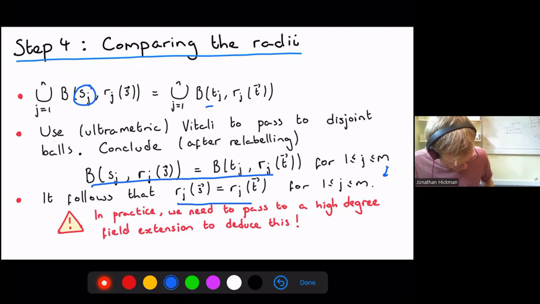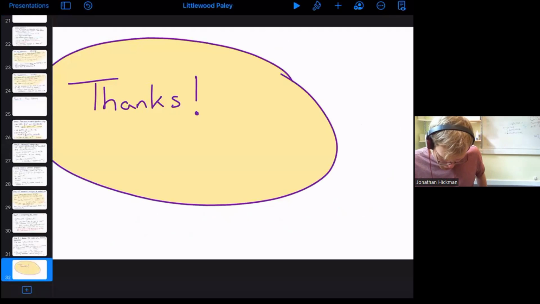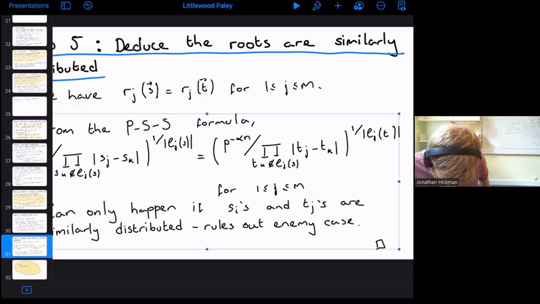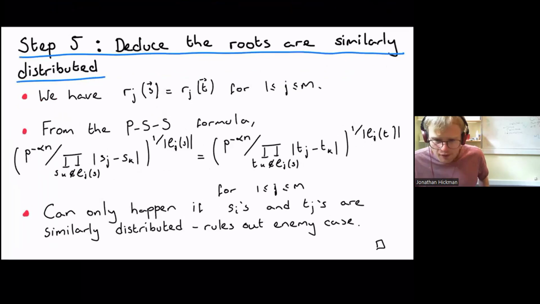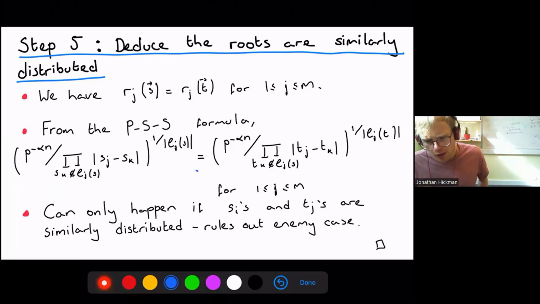Okay, so I'm just going to wrap things up. So once we have identified the radii of these balls in the sublevel set decomposition, we can apply the explicit formula from the Fundstein-Sturm lemma. And this allows us to identify these expressions which involve the separation of the roots. So now we're going to have another system of equations which involves these separations of the roots.